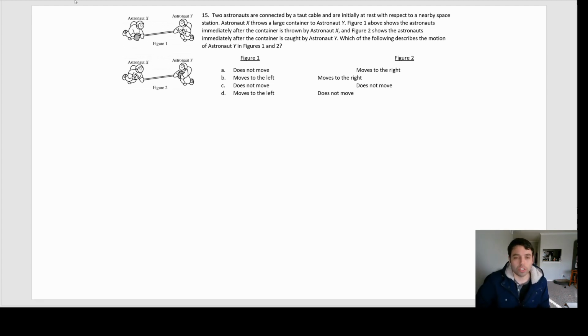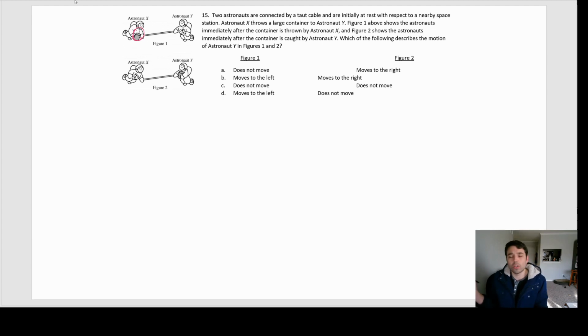So we have these 2 astronauts. They're tied together by a taut rope. One of them has this can in his hand, all right? And he's going to throw the can. The question is: figure 1 above shows the astronauts immediately after the container is thrown.